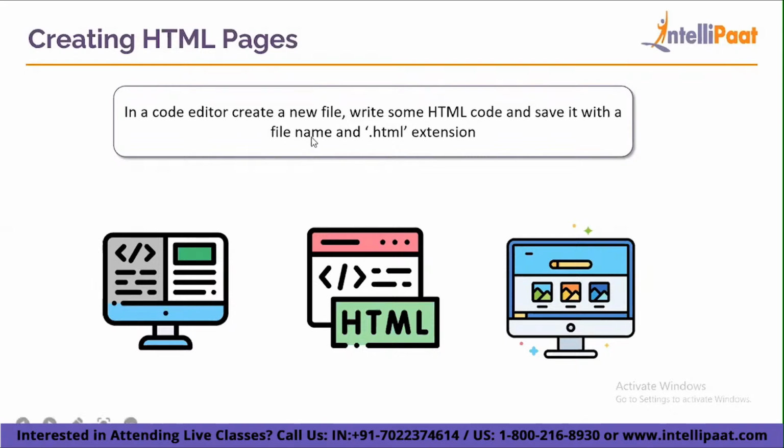You can give anything like demo, session, HTML, or your own name, Vivek, Dhananjay, whatever you want. But at the last, it should have the .html extension. The prefix can be anything, but at the suffix there should be a .html extension to notify it as an HTML file.